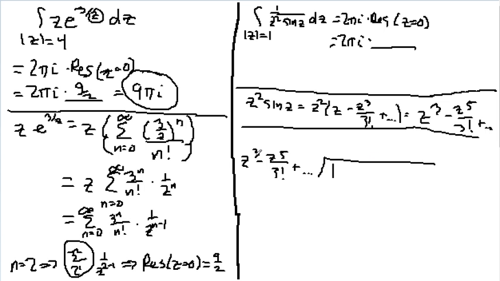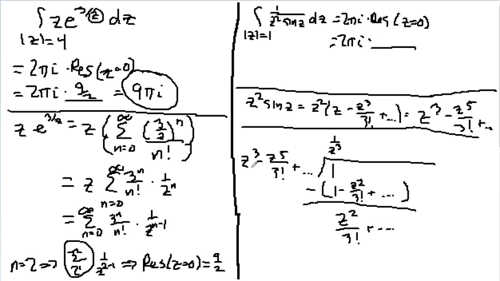Well, I can do the long division. I need to multiply this by 1 over z cubed to get that, and when I multiply 1 over z cubed times all this, I get 1 minus z squared over 3 factorial plus and so on. Subtract it just like I do in division, and I get z squared over 3 factorial plus a whole bunch of other stuff. Now what do I need to multiply z cubed by to get this?